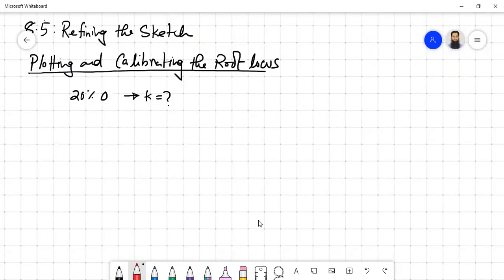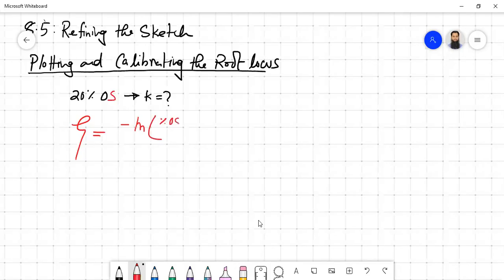For 20% overshoot, as we know, percentage overshoot is related to our zeta value, the damping coefficient, the damping ratio. Then you have a formula that we derived in chapter 4.